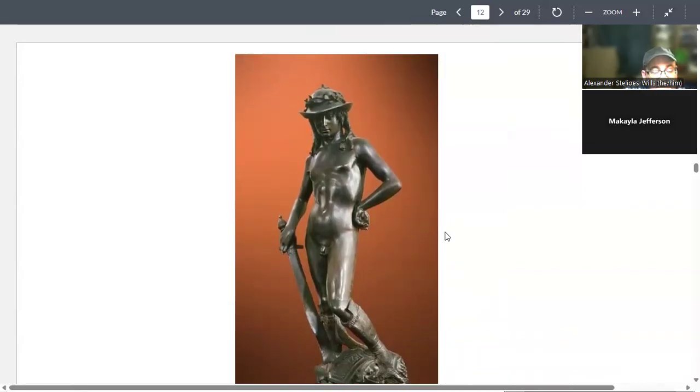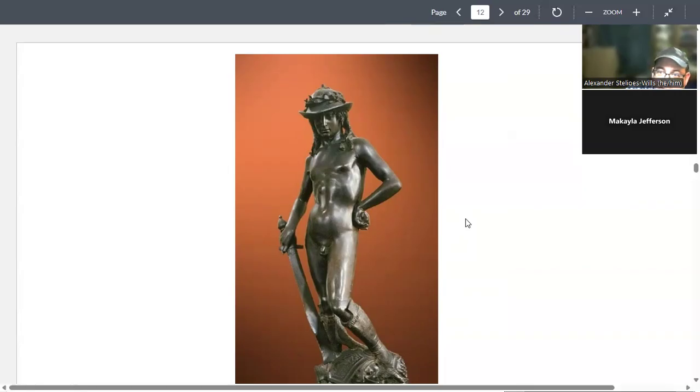And it's often said, and I haven't seen any disproof of this, that this was the first freestanding cast bronze figurative sculpture since antiquity. After the fall of Rome, no one was making these kind of standing cast bronze statues.